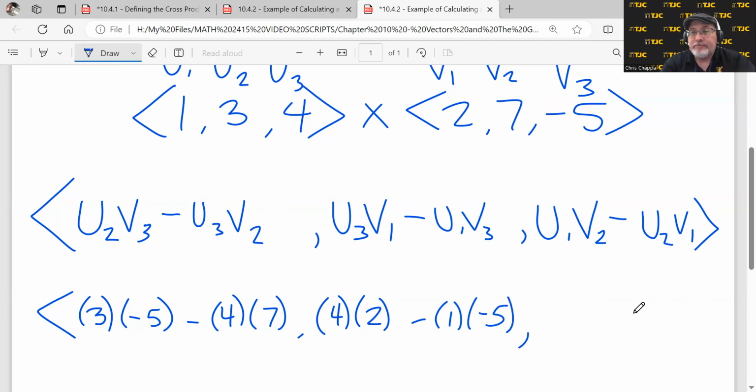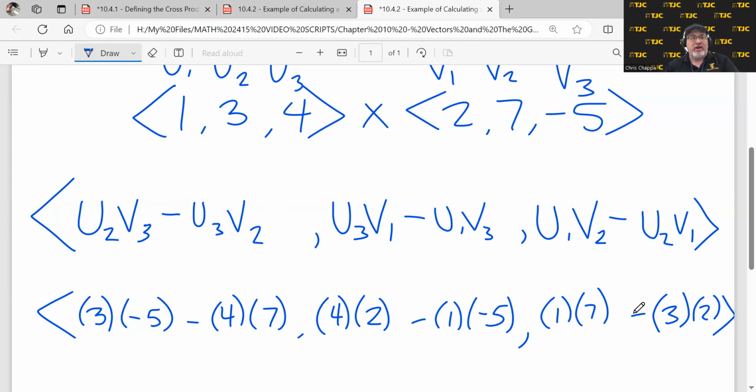Last component, first U, which is 1, times second V, which is 7, minus second U, which is 3, times the first V, which is 2.